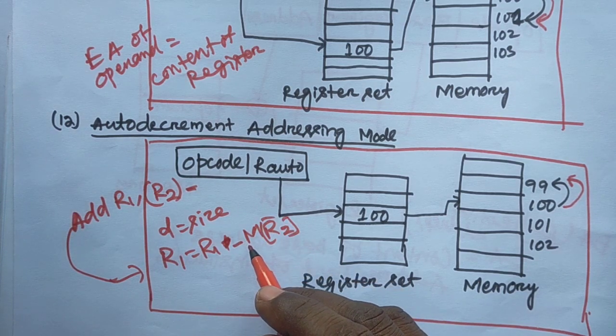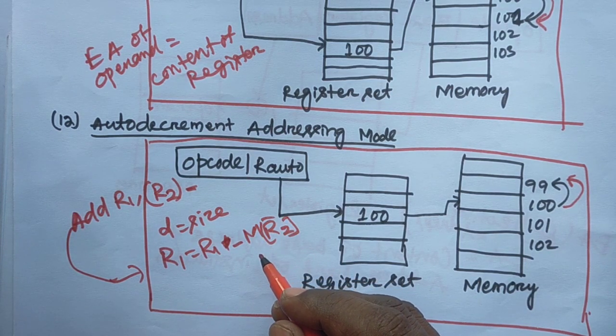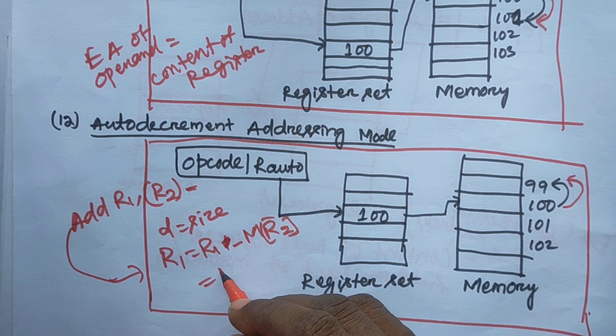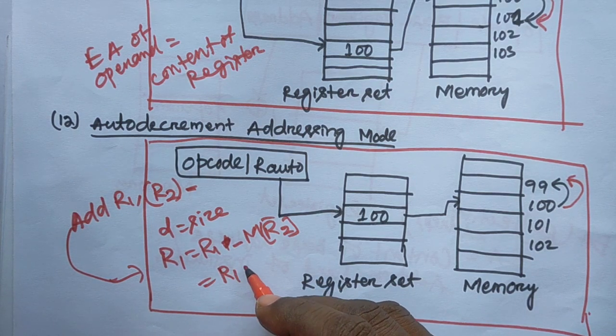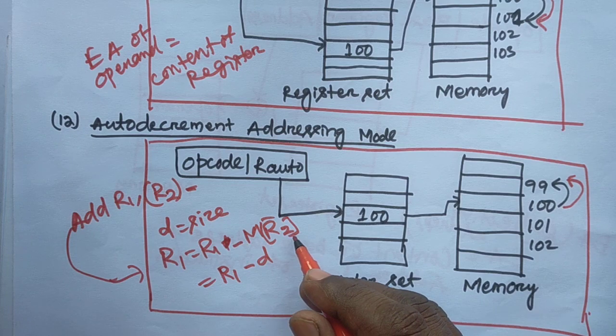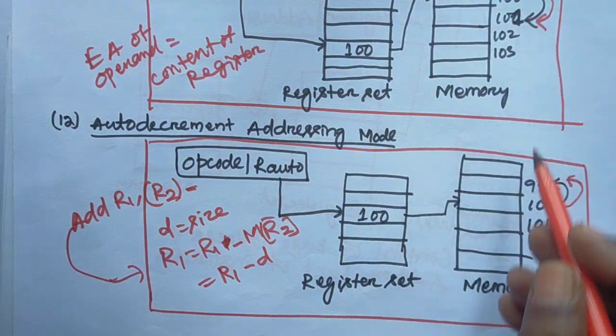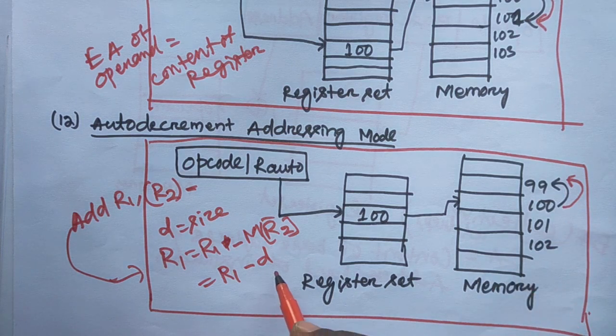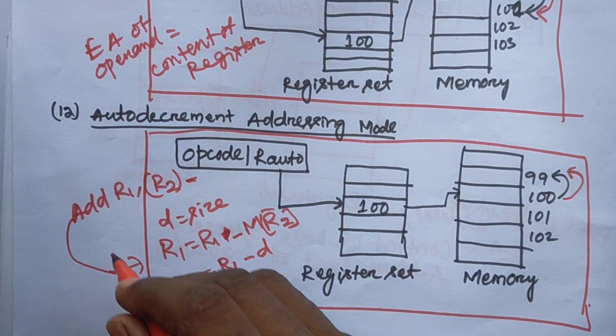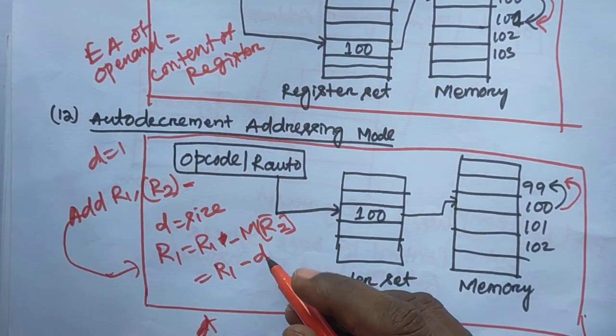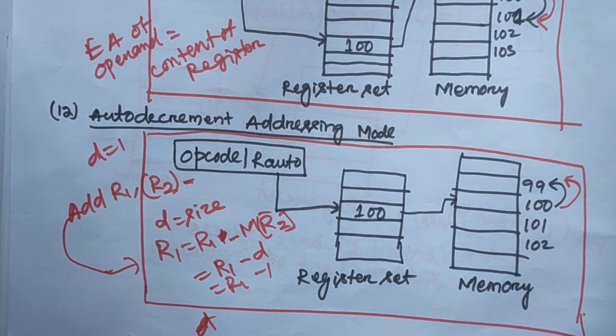The size is also defined through R1 minus D. For memory, the size is 1, so increasing or decreasing is by 1, minus 1. If D is equal to 1, then automatically R1 minus 1.